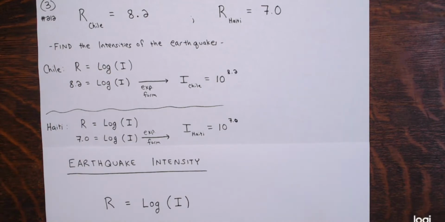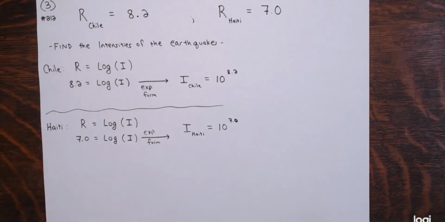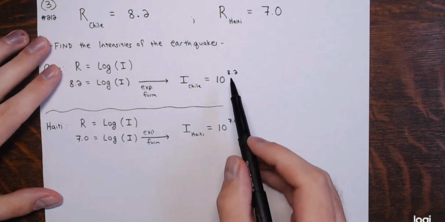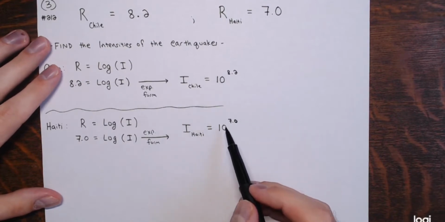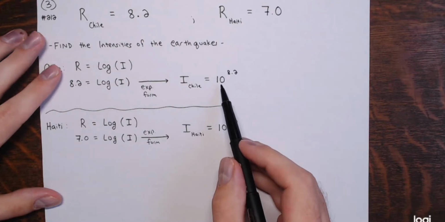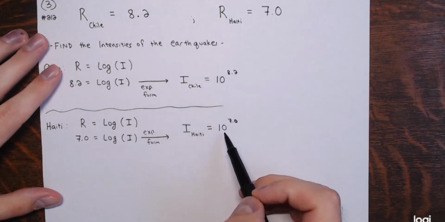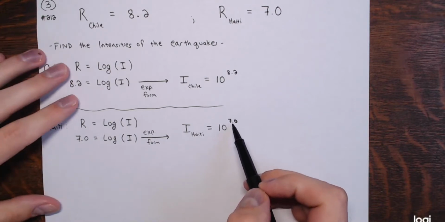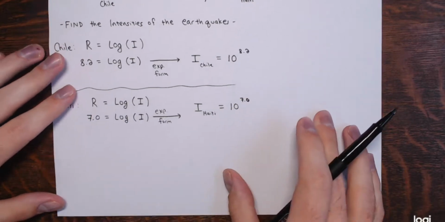Alright, so maybe you can see that the intensity of the Chilean earthquake is bigger. They both have the same base, they're both base 10. And because the base is bigger than 1, remember, exponential functions with bases bigger than 1 are increasing. So 10 to the 7th is going to be smaller than 10 to the 8.2.